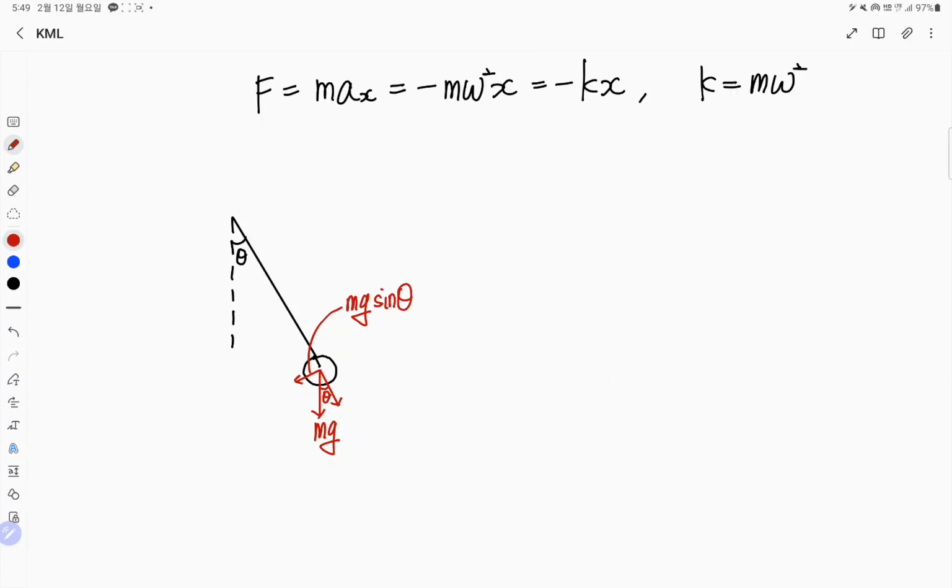And when the angle is small, sine theta is close to just theta.